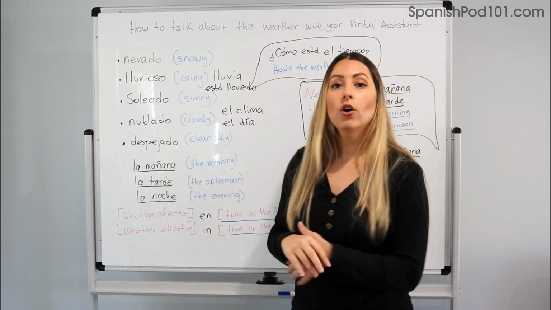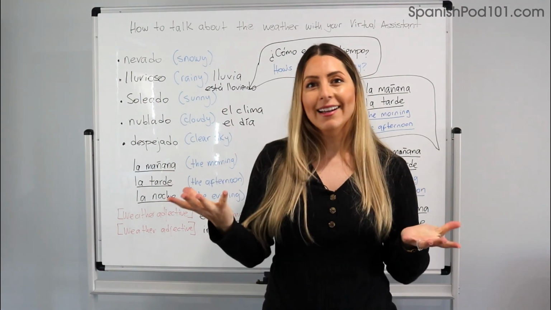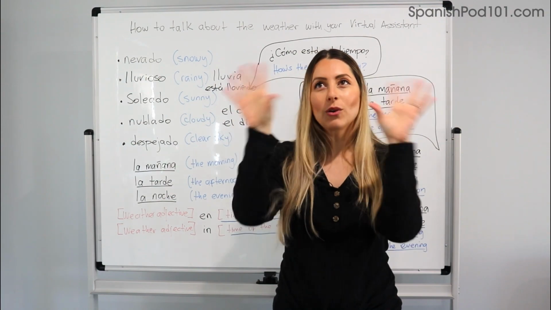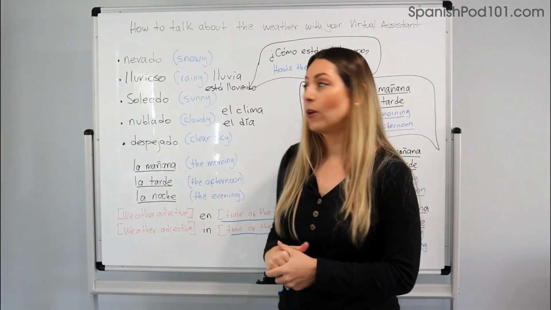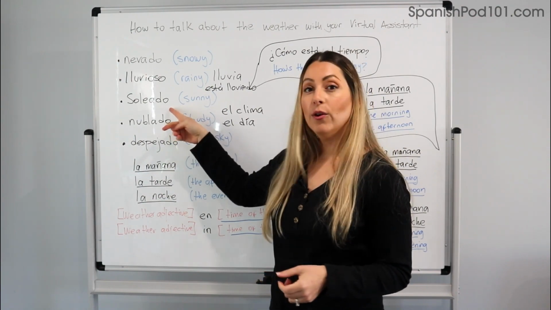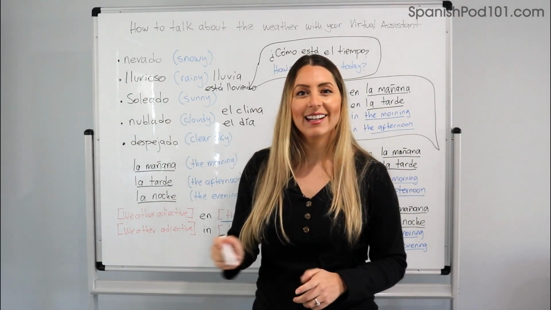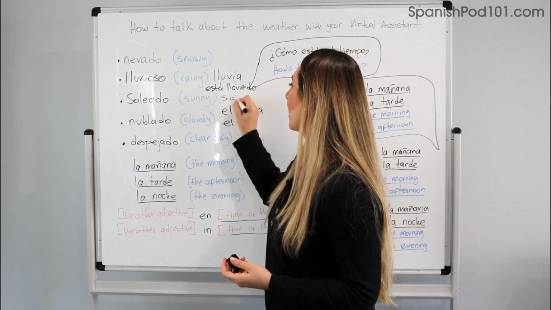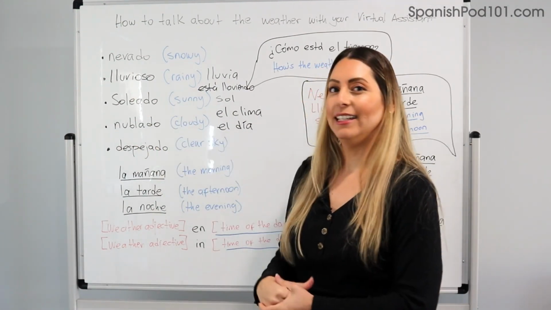Despejado, we use it, for example, when you want to say that it's clear skies, or blue skies, there are no clouds. And do you know how to say the sun en español? We're going to say sol, ¿verdad? Sol is sun, and then soleado is sunny.